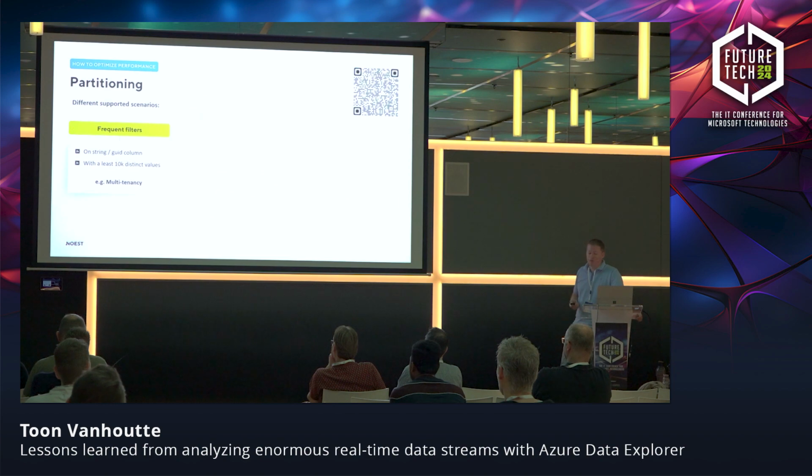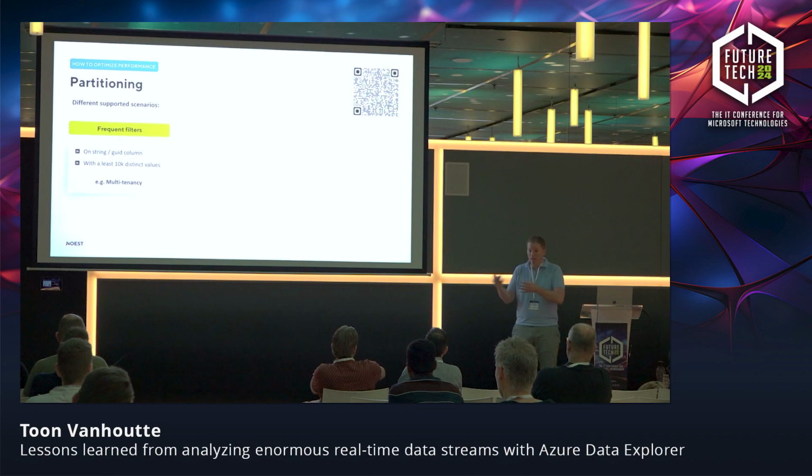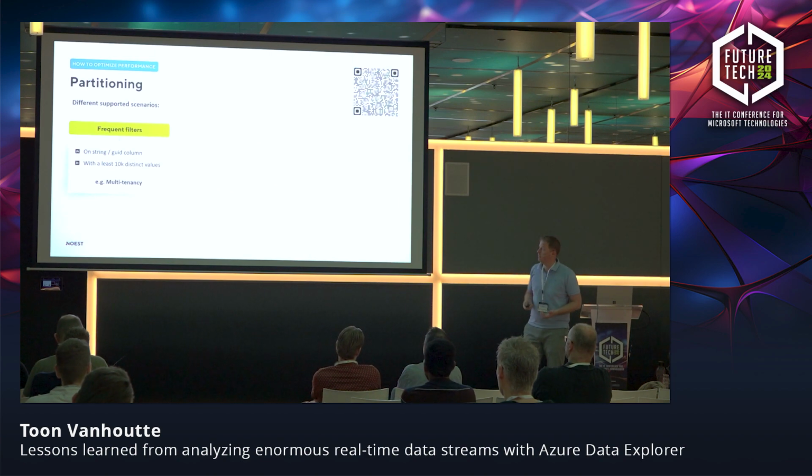That would be an example to do partitioning on that filter. This is only supported on string or GUID values, so that's important. And Microsoft also gives you an advice: make sure that you have enough distinct values of that tenant. If you only have 10 tenants, it doesn't make sense to start partitioning by tenant ID, because you will have more overhead from the partitioning than it gives you advantages.